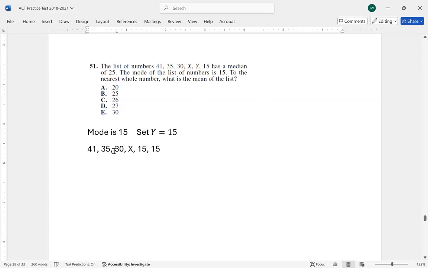That means since the 30 and the X are going to be the two middle numbers when I order these numerically, I want the average of 30 and X to be 25. If you want 25 to be the midpoint of the 30 and the X, remember I'm heavily relying that these are ordered from greatest to least.